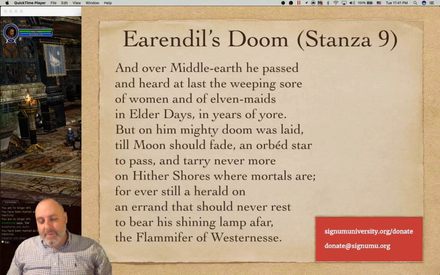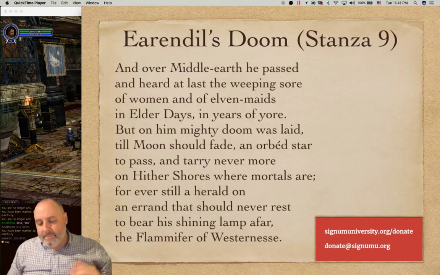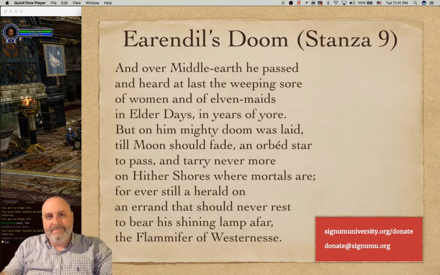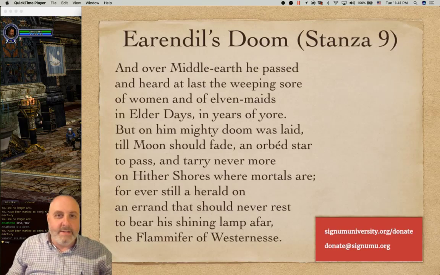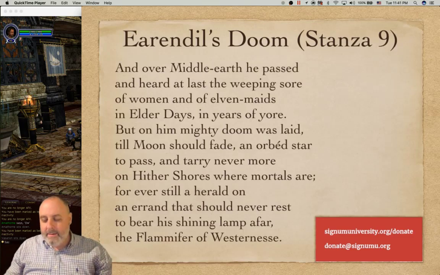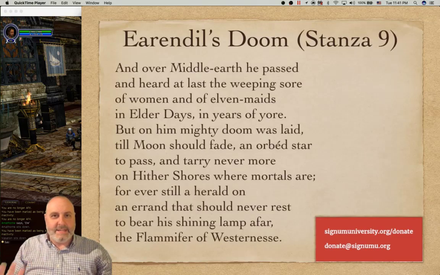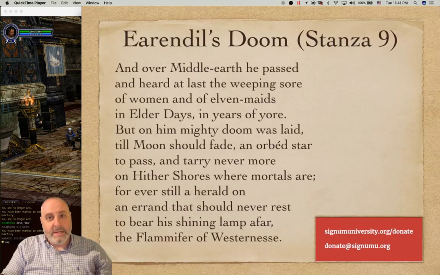And remember, we were talking before about delight in mortal poetry, right? And how the songs of Bilbo might be appreciated by the elves, not necessarily on aesthetic grounds, but on something more like anthropological grounds, right?